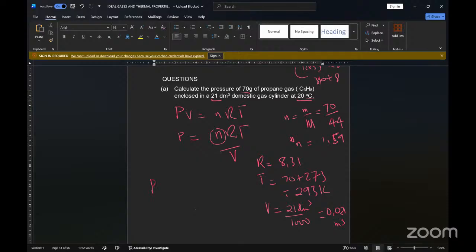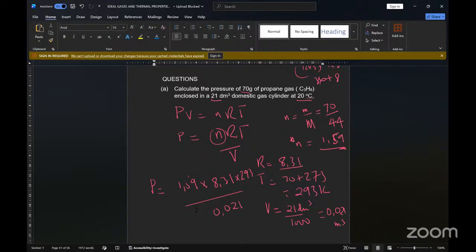So you substitute it. You say P is equal to your N, we write 1,59, times your R, 8,31, times your T, 293, all over your volume here, which is 0,021. Okay? So let's calculate it.